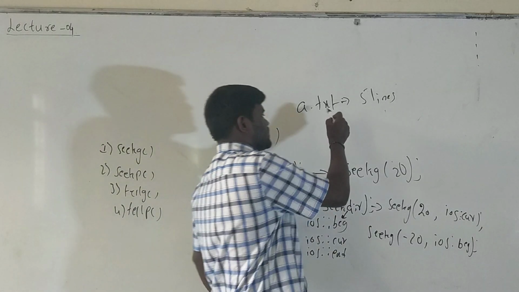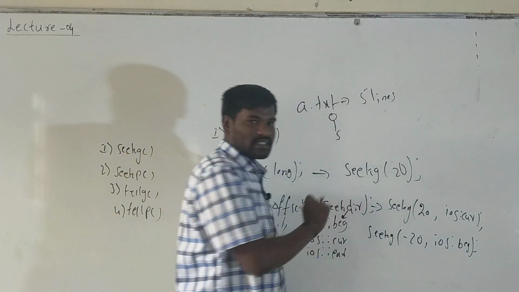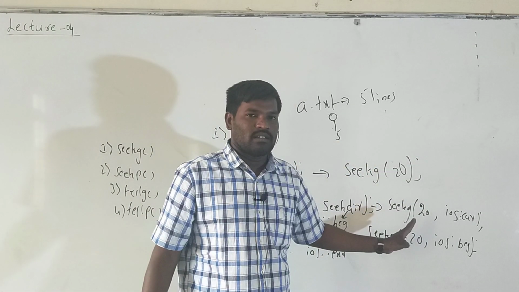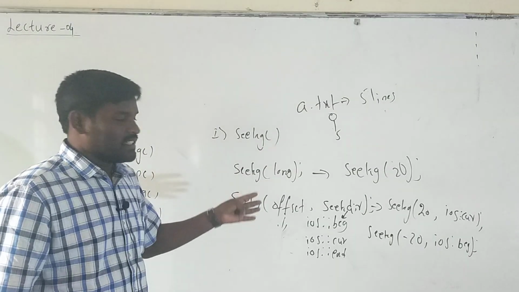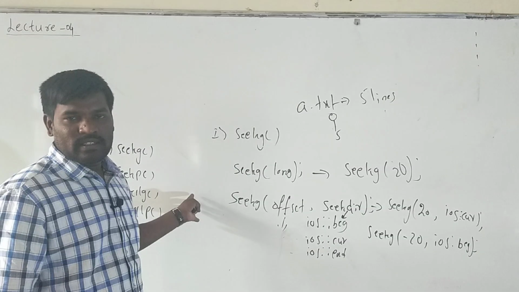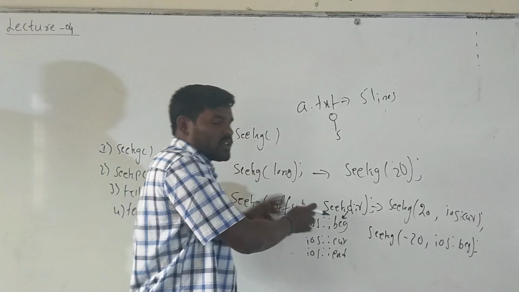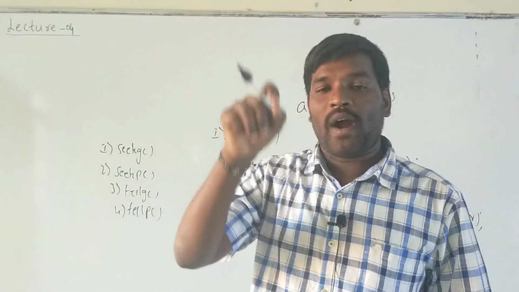Beginning means it is pointing to the first character, that is the 0th character. For example, minus 20 means from the end of the file, in the reverse order, it is pointing to a particular character, whatever you get as the 20th character.